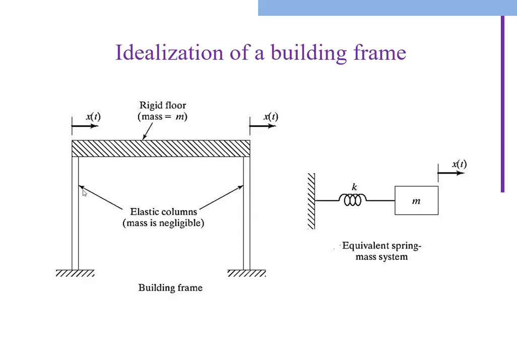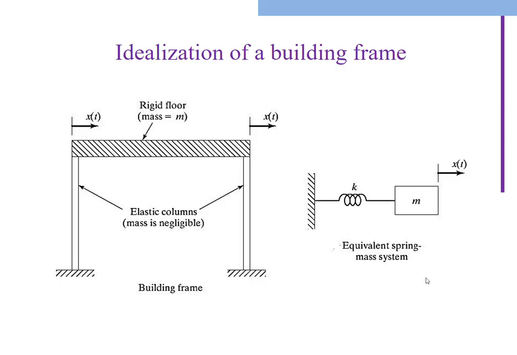And the material property, the damping of the material, we call the damping of the system. Okay, this is the idealization of the building frame in terms of mass and stiffness, whereas x of t is taken as the displacement of the body.